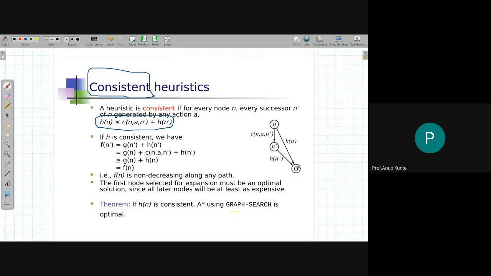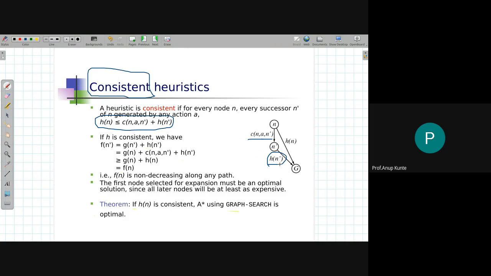If I am node n, then the cost to go from n to n dash through some action a, this is the c, cost c है, ठीक है. And this cost plus the h n dash, the estimate to reach the goal node from n dash using the cheapest path.